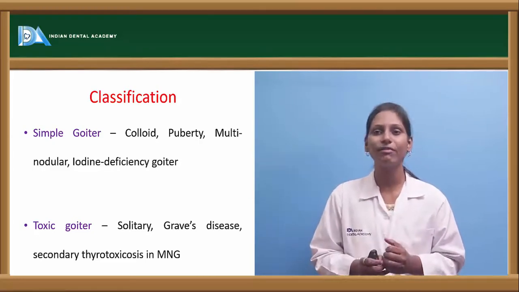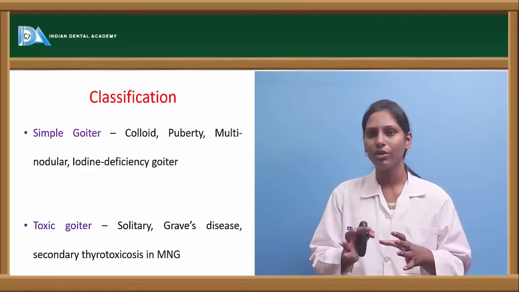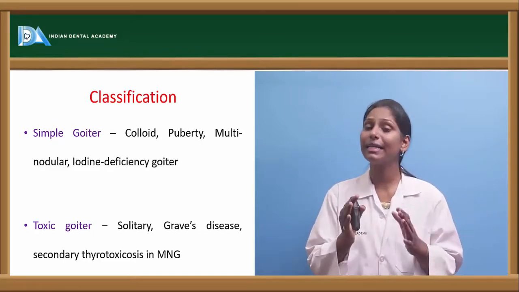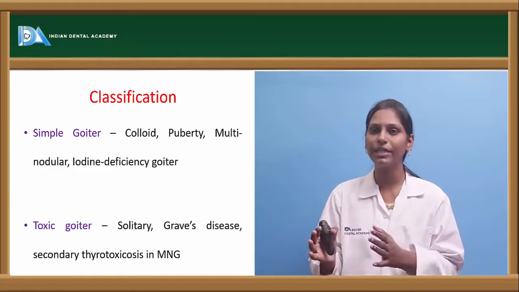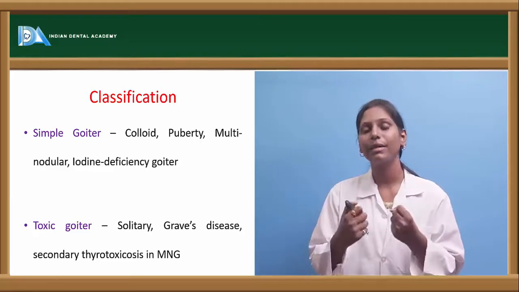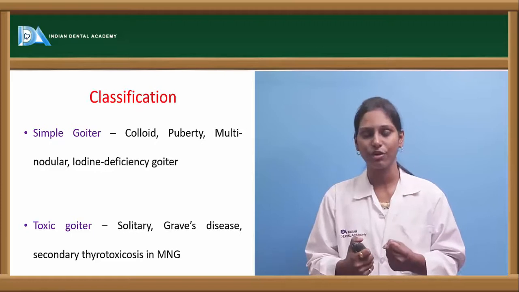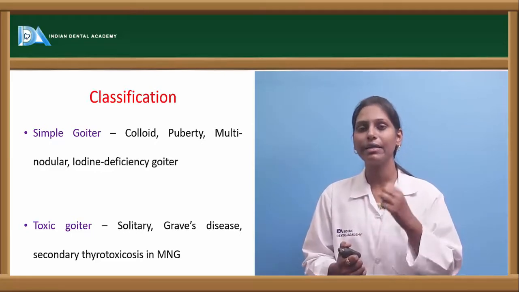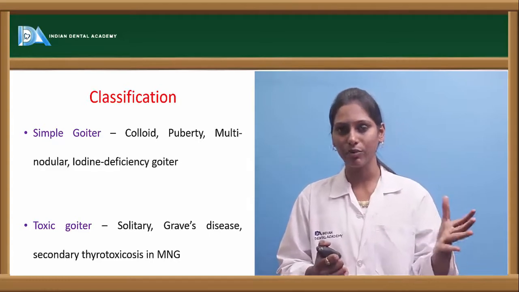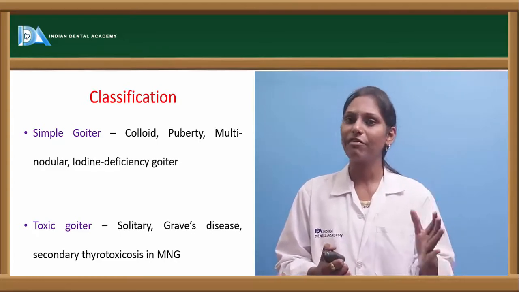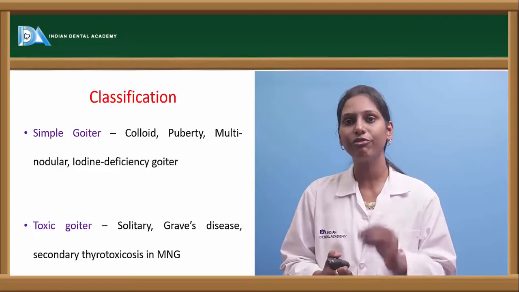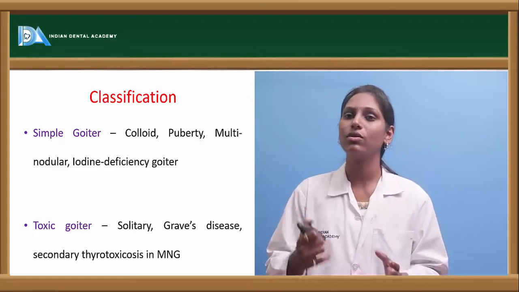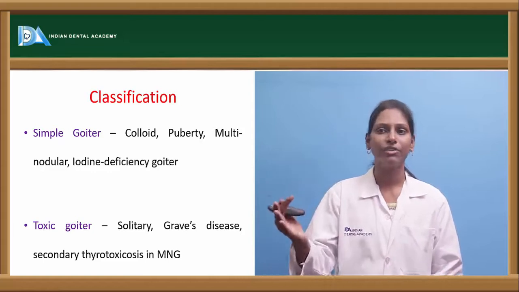Next is iodine deficiency goiter. As we all know, of the iodine that is taken through food, 98% is converted into iodide, and it is taken up by the thyroid gland completely for the production of thyroid hormones. That means all the iodine is converted into thyroid hormone, right? So if there is any deficiency of iodine in the food intake, or if the daily requirement is not met, in those cases we can see iodine deficiency goiter.